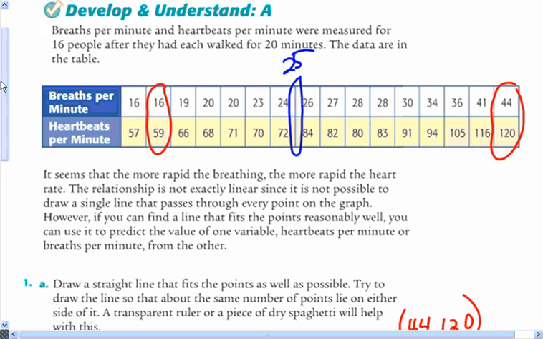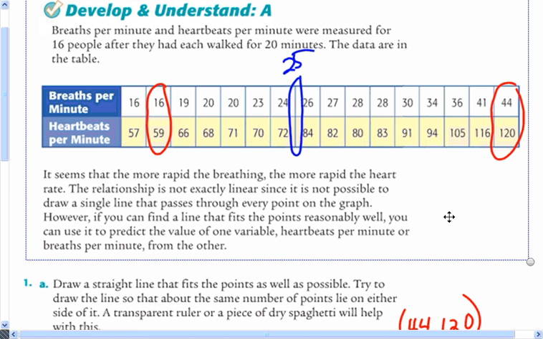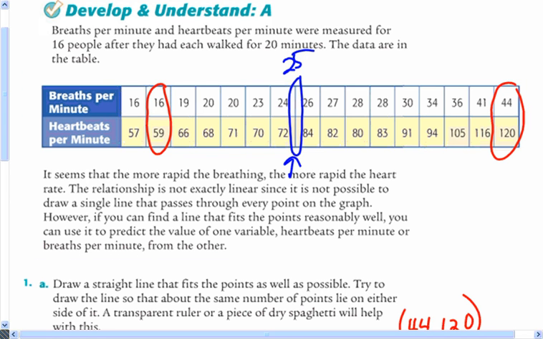Well, I could put my equation in my calculator: 2.18 heartbeats per breath times 25 breaths plus my y-intercept, 24.08. And that gives me about 78.58, and that seems to fit right in this data. So about 78 if there's 25 breaths.